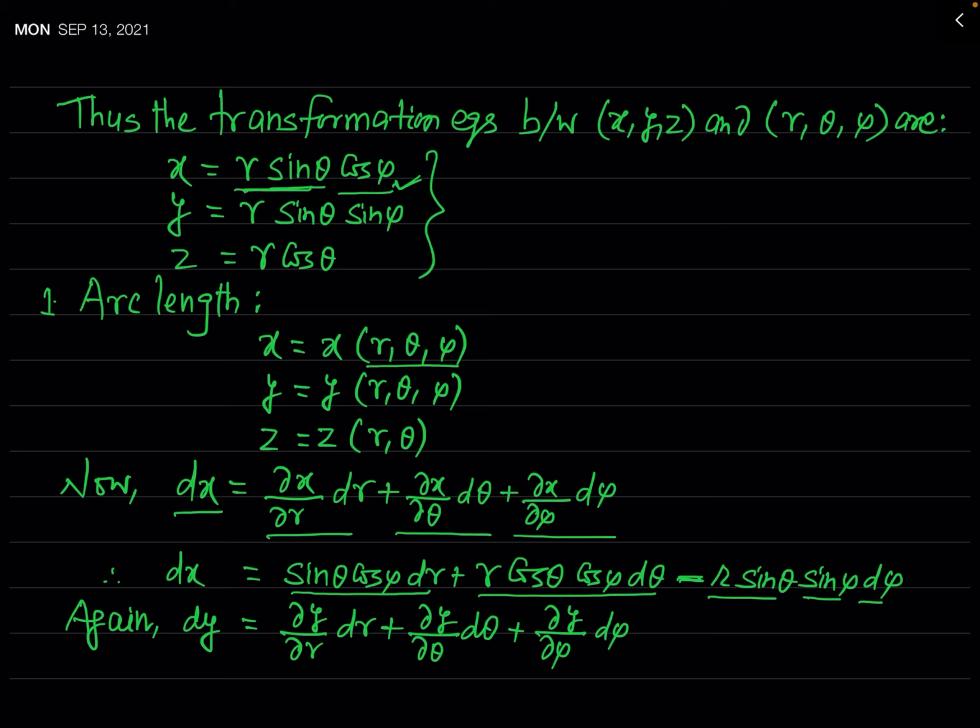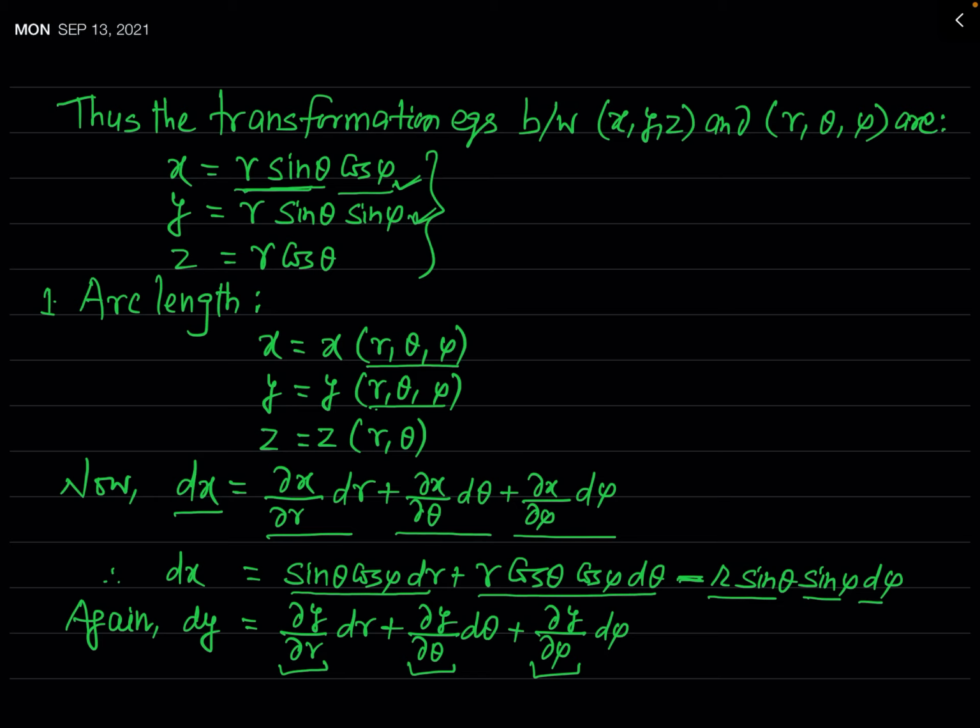And similarly, as y is also a function of r, theta and phi, dy will be written as del y by del r dr plus del y by del theta d theta plus del y by del phi d phi. Again we will find the derivatives del y by del r, del y by del theta and del y by del phi from the transformation equation, that is y equal to r sine theta sine phi. You can easily find it.